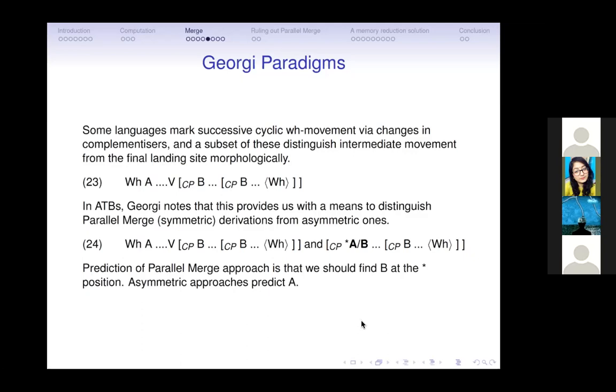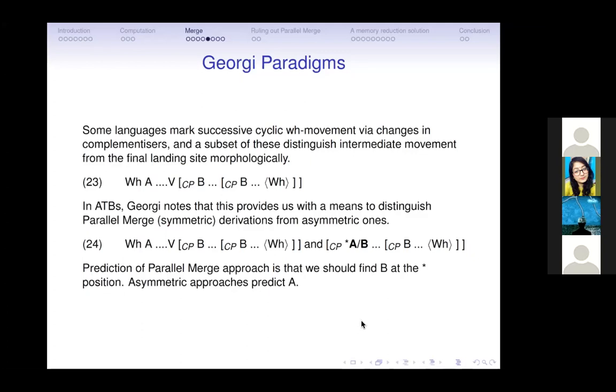Now, what Georgi notices is that these languages provide us with a means to distinguish the parallel merge derivations of across the board movement that we just talked about from non-parallel merge ones. And she shows that the parallel merge ones lead to the wrong expectations. Why is that? We'll have a look at 24. So 24 is a structure for something like, what did you think that David read and did you say that Mary loved?